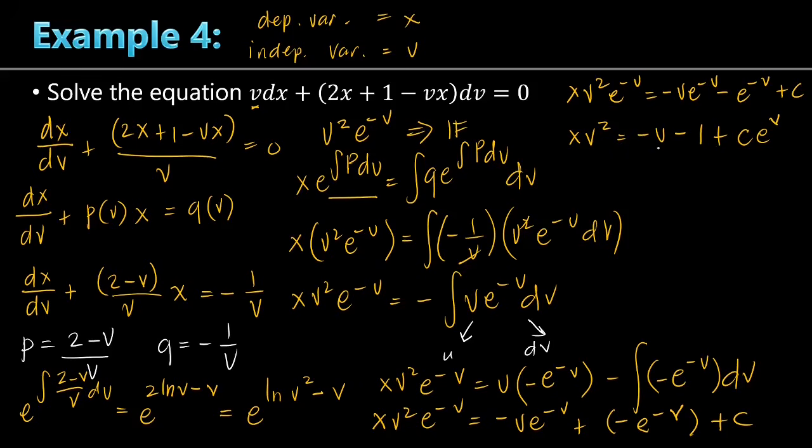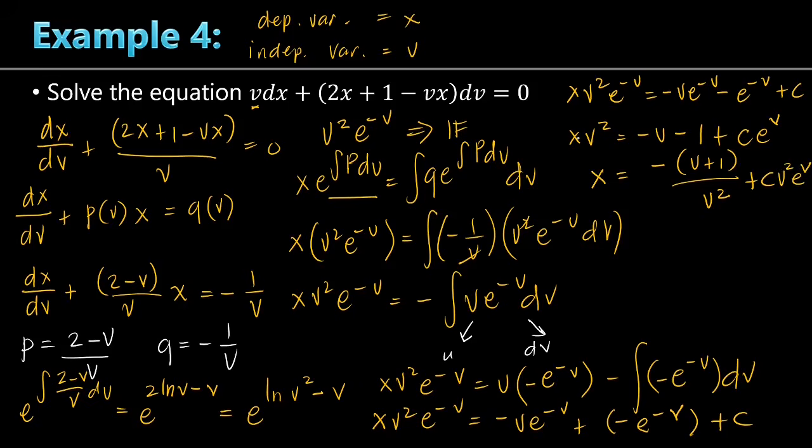Isang line lang. Or kung gusto mo naman, express your answer in terms of v. X is equal to. So, negative v plus 1 over v squared. And then, plus c times v squared e raised to v. Ayan.